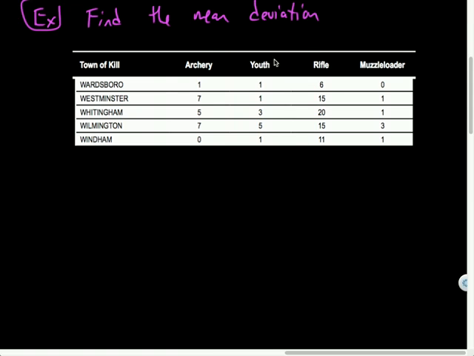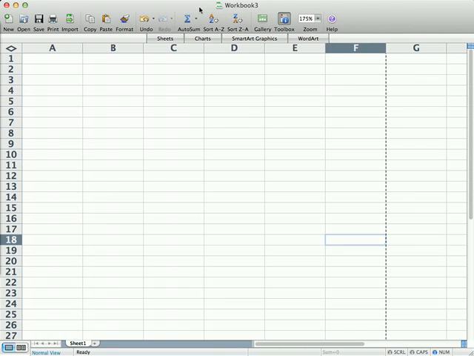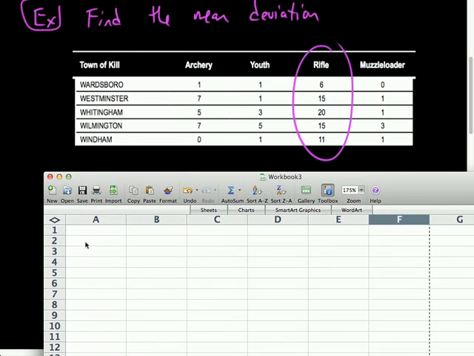So we'll specifically look at this. Let's program this up in Excel, and I'm hoping that this will communicate the formula to us better. So here's my data, my list: 6, 15, 20, 15, and 11. There's my list.